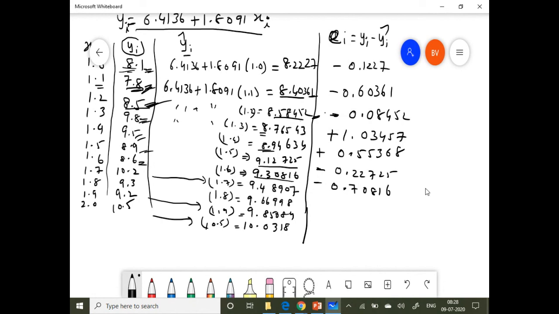And 10.2 minus 9.4 is positive 0.71093. And 9.3 minus this will be negative 0.6589.